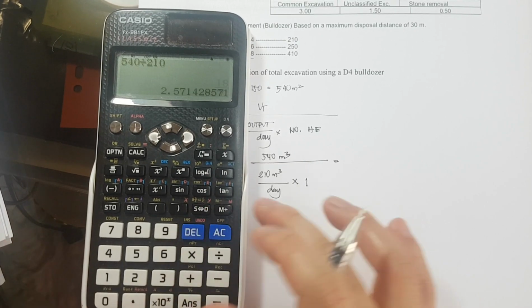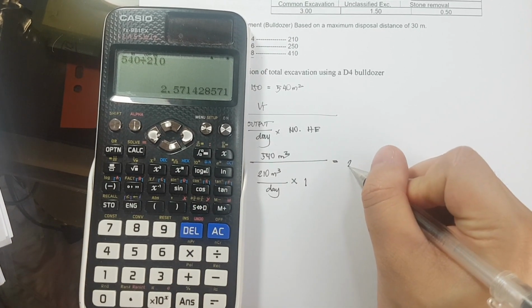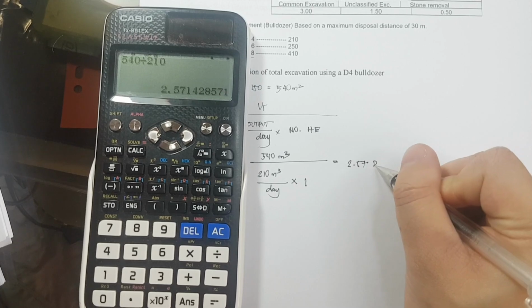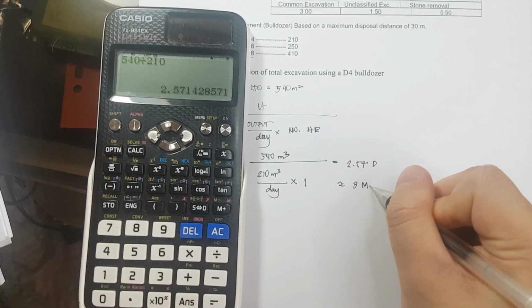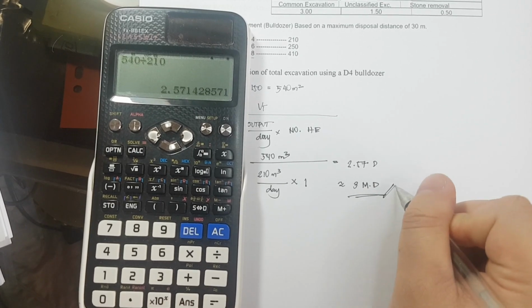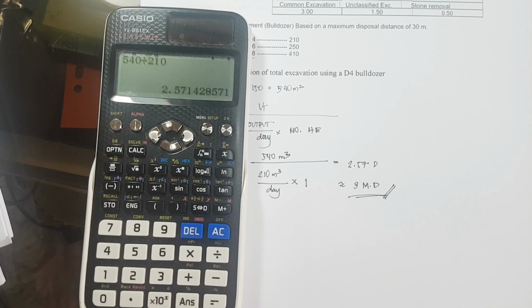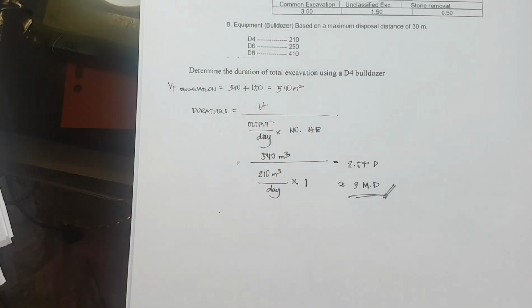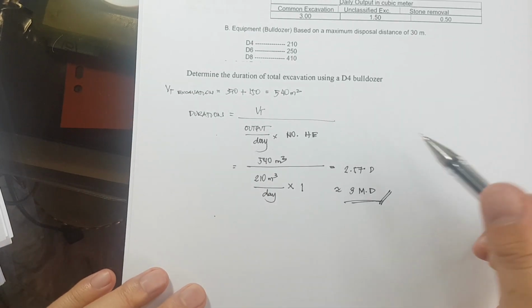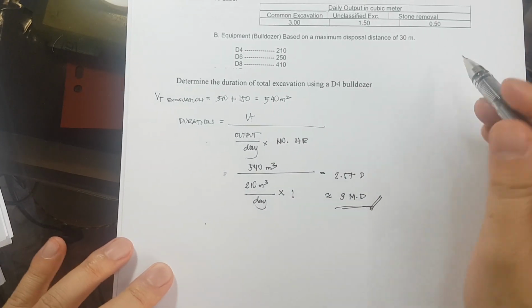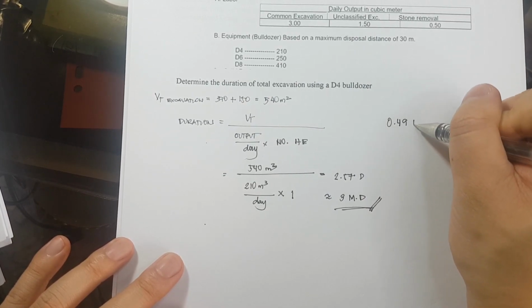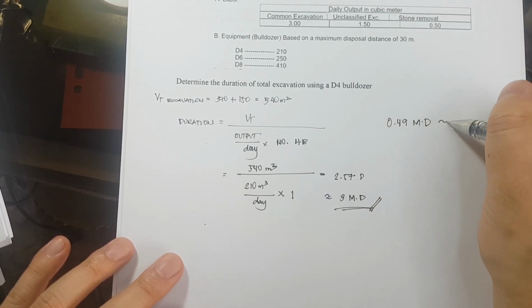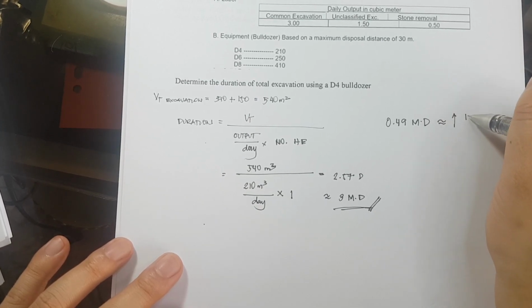And that is equivalent to 2.57 days, and that is equivalent to 3 man-days. Okay? So, tatlong araw na hukay tayo. Now, take note for heavy equipment. For heavy equipment, let's say it is 0.49 man-day. We need to round it up still to 1 whole day.